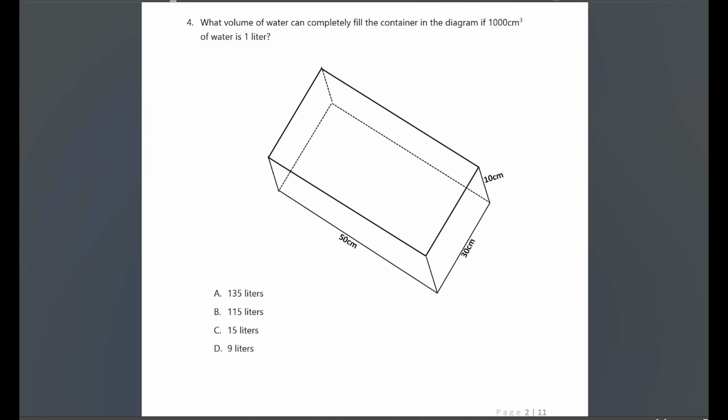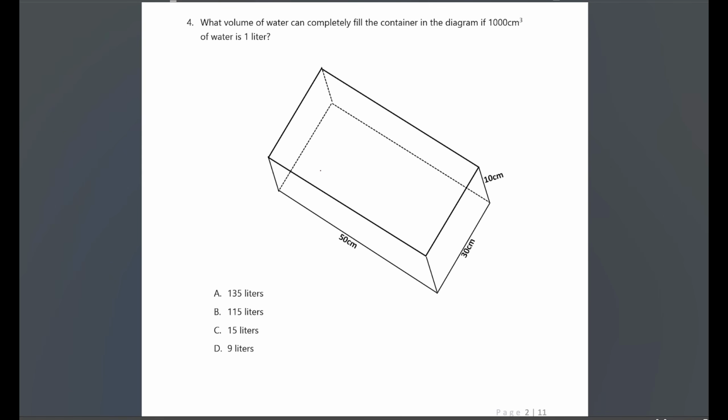Question 4. What volume of water can completely fill the container in the diagram if 1000 centimeters cube of water is equivalent to 1 liter? So the first thing we do is let's calculate the volume of the container. So the volume here is telling us the amount of space inside this particular container.